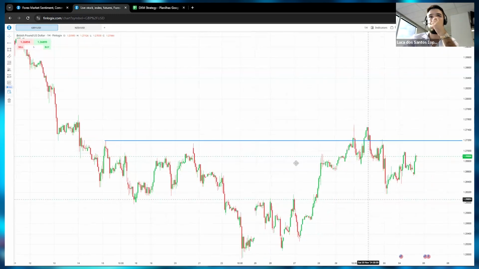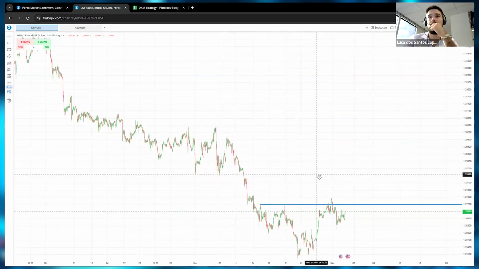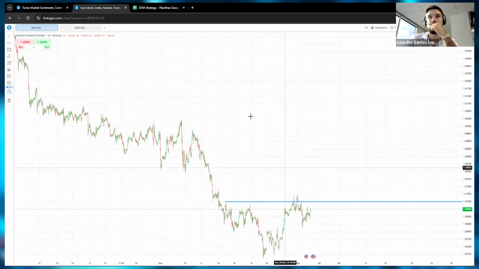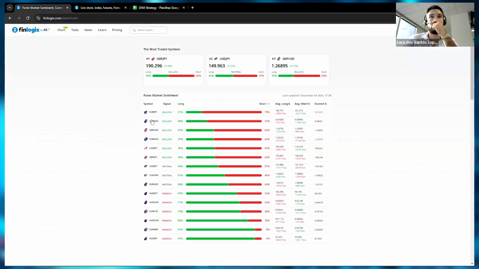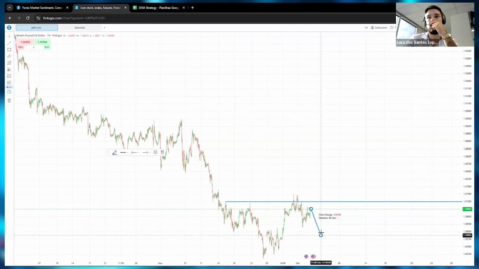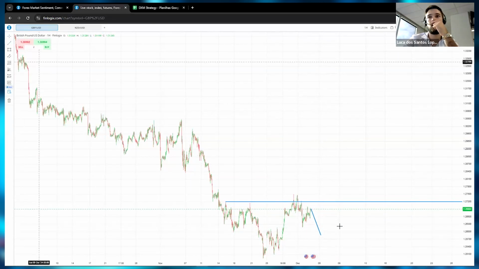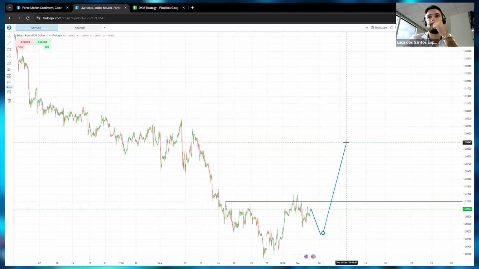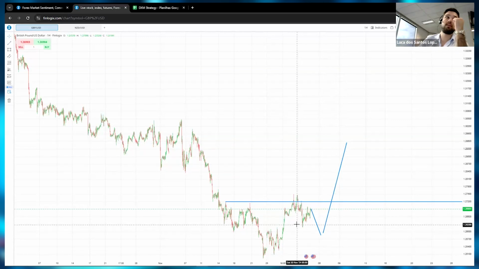Yes, broke the top. I think this one is not quite at the moment for us to enter the market, because we had a 37% bullish, yes, but maybe it can continue to go lower and then shoot up somewhere around here. But it's just not the time yet for us to get it. That's what I think.